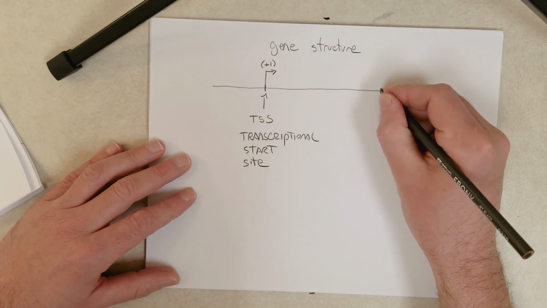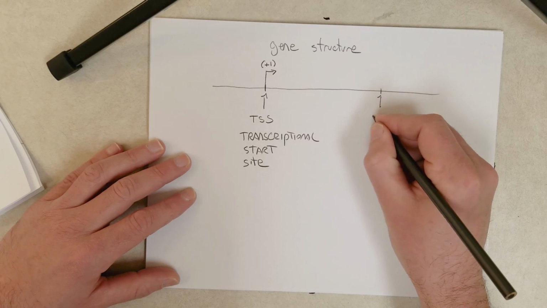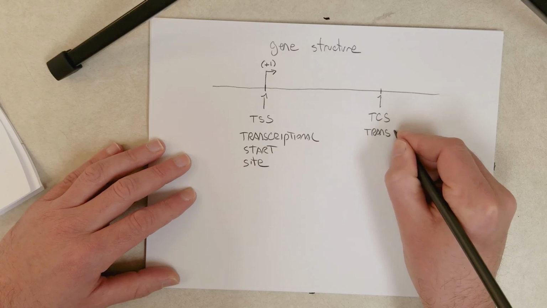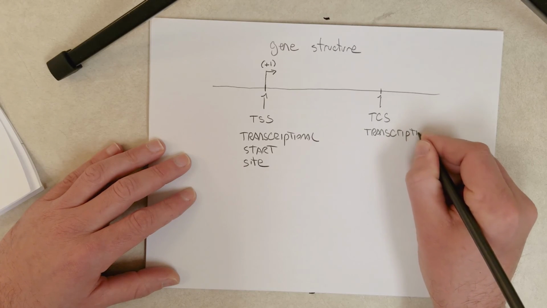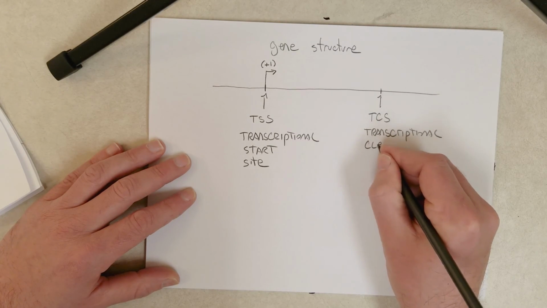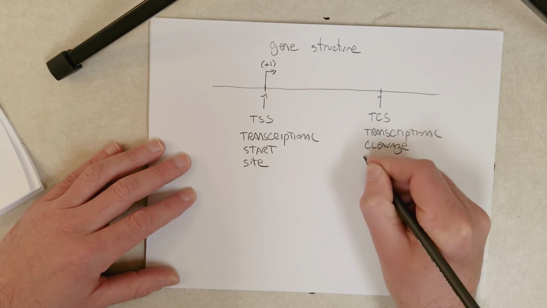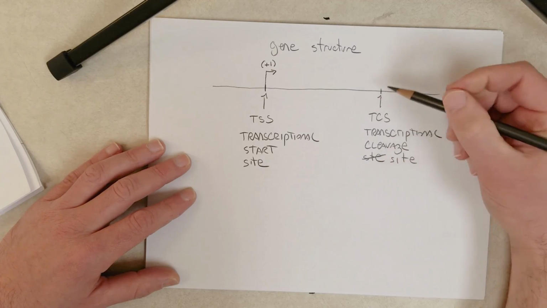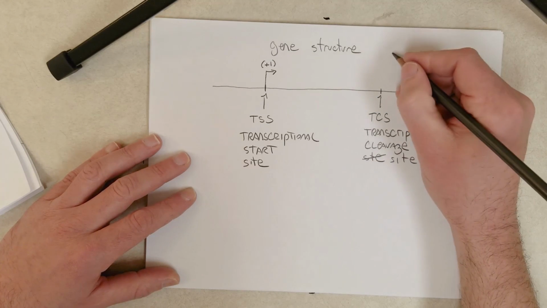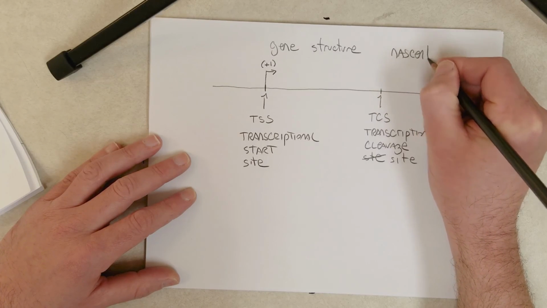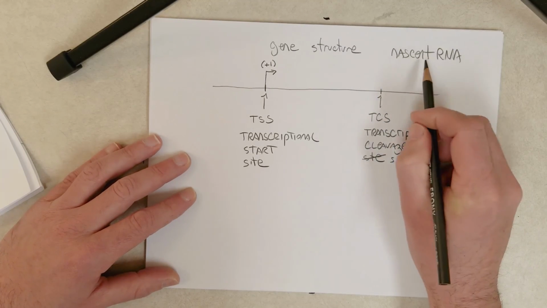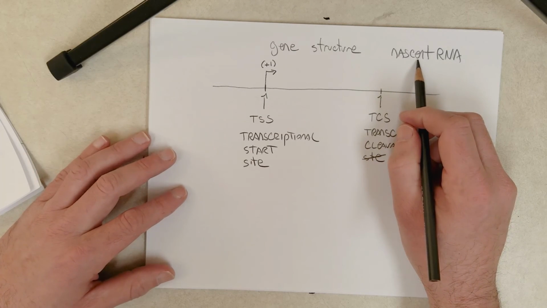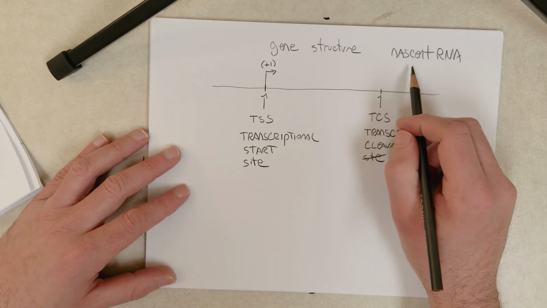Now down here, I'm going to call this the TCS, for transcriptional cleavage site. That will be the point at which what we'll call the nascent RNA is cleaved. A nascent RNA is any RNA molecule that is still undergoing synthesis by RNA polymerase, so it's still attached to the RNA polymerase.